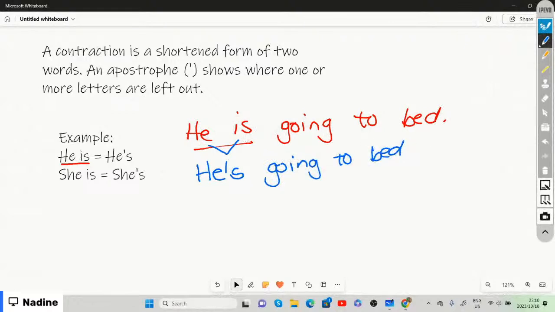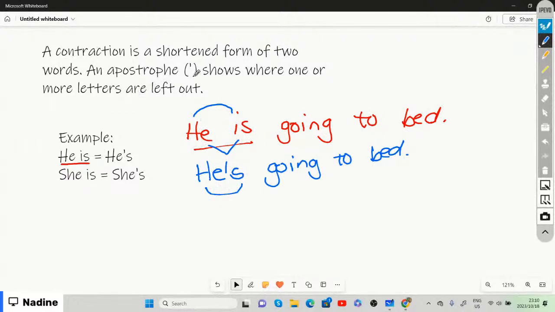So basically what happened was we shortened these words. Remember, a contraction is a shortened form of two words, and these two words are he and is, right? So we are shortening that to make it like one word.